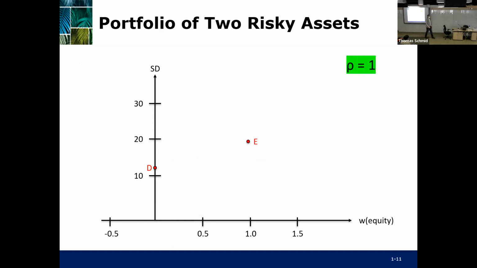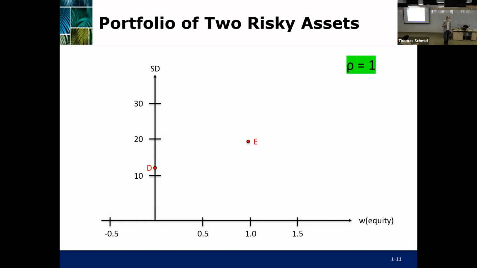What happens for the +1 case? How does the risk depend on the weight that we put in the equity fund if the correlation between the debt and the equity fund is 1? Any guess?